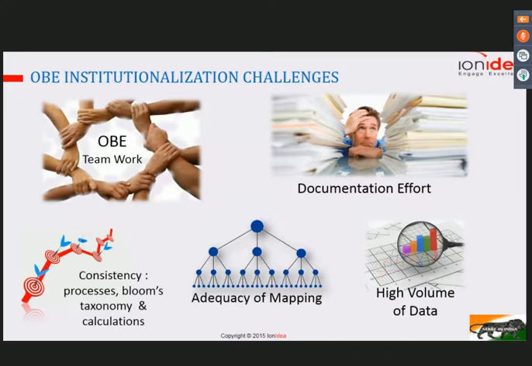If we want to go for the PO, that is program outcomes attainment, we require individual course outcomes attainment, which can be achieved by individual faculties. So every faculty has to work on the OBE. They have to work for their course to get the attainment, and once they get the attainment of their courses, they have to contribute it towards the PO attainment calculations.